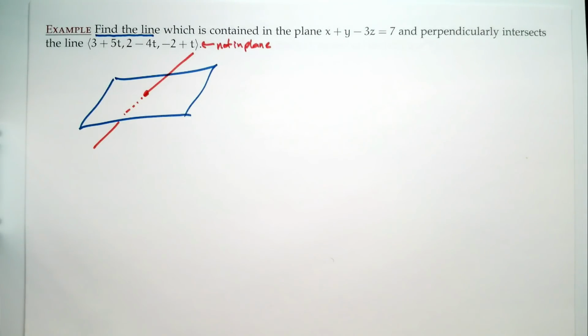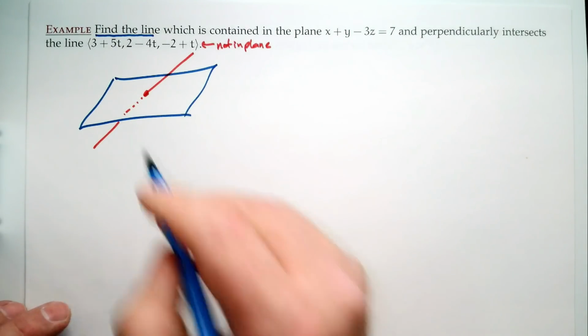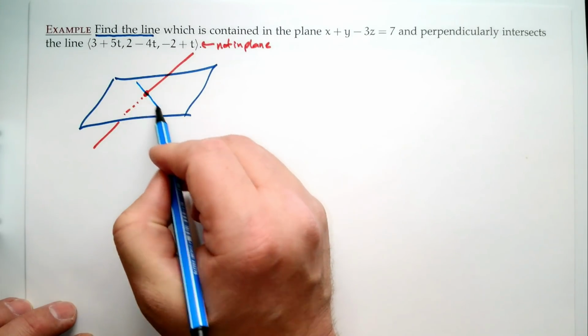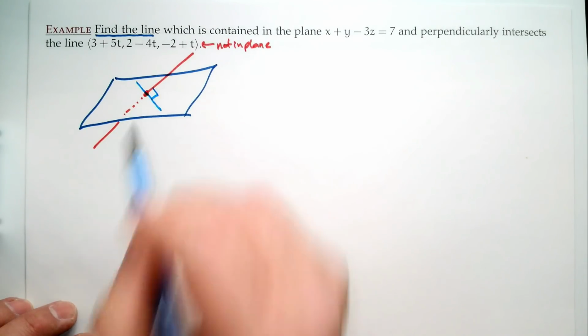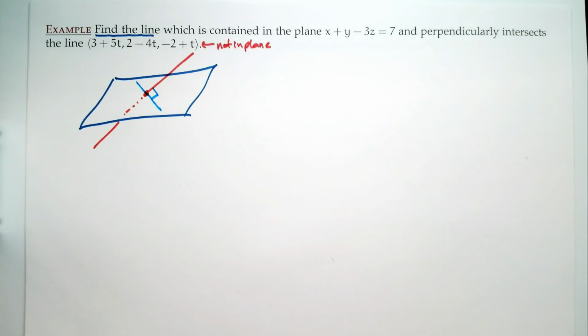Well, we're after a line which is in our plane, which somehow stays in our plane, but also is perpendicular to that line there. Okay, so that's our picture. Now, you might say, is that picture accurate? Well, in a sense, yes, but really what we're going for is just to understand things. A good picture is one that helps you understand, not necessarily one that's accurate.